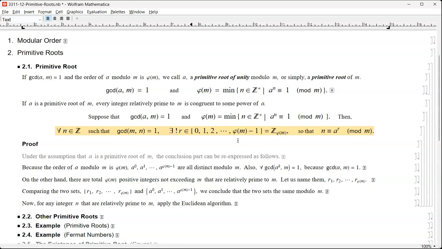So if you have congruence to any one of them, there can't be another congruence to anything else because these are all distinct. So uniqueness is easy to see, but establishing the original congruence can be a bit challenging.